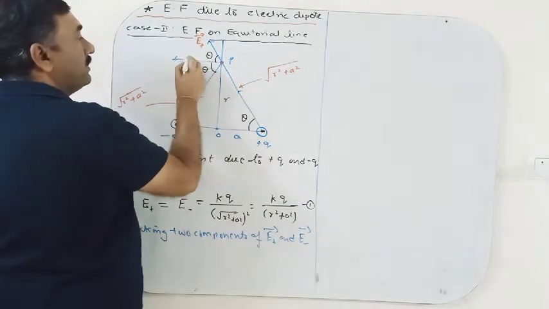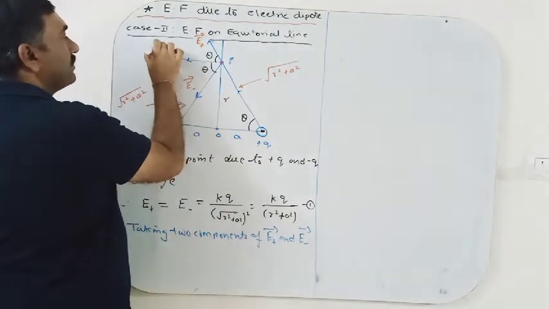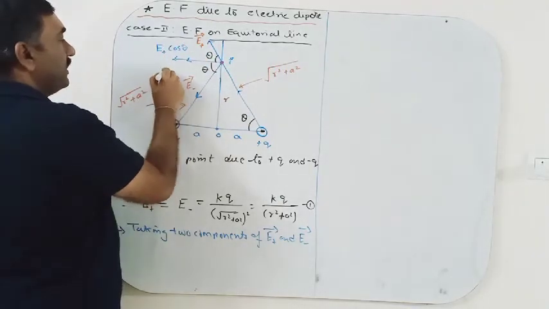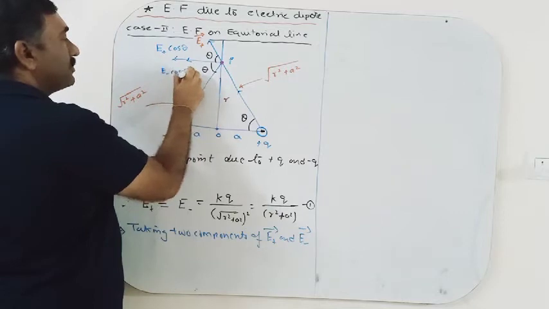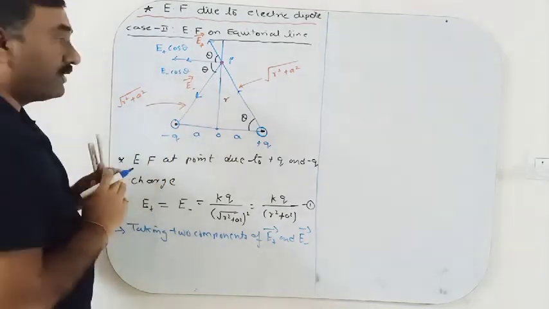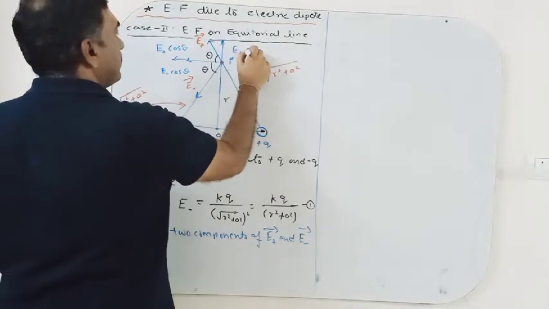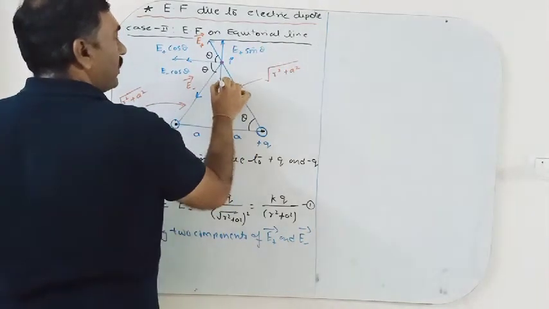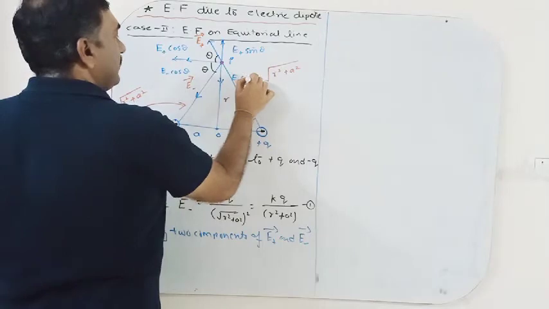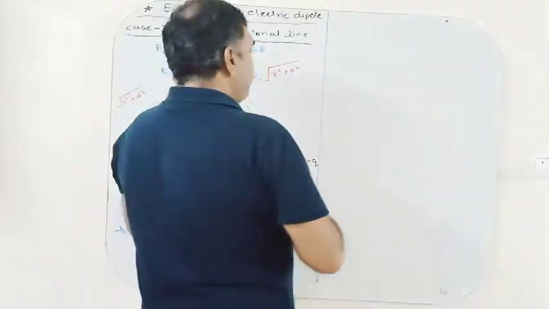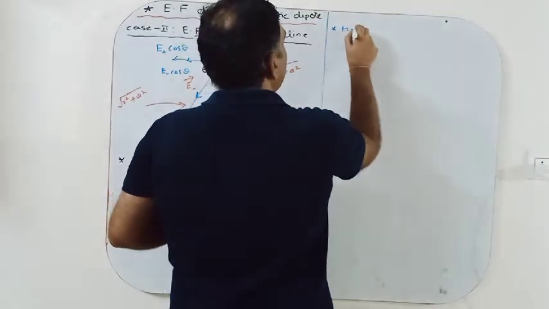Electric field due to positive charge, E plus cos theta, similarly E minus cos theta, along the horizontal direction. Along the vertical direction we have E plus sin theta, and in the downward direction E minus sin theta. It is very clear from the figure.